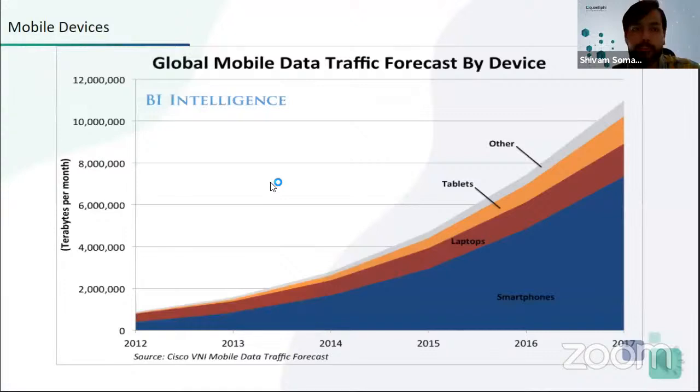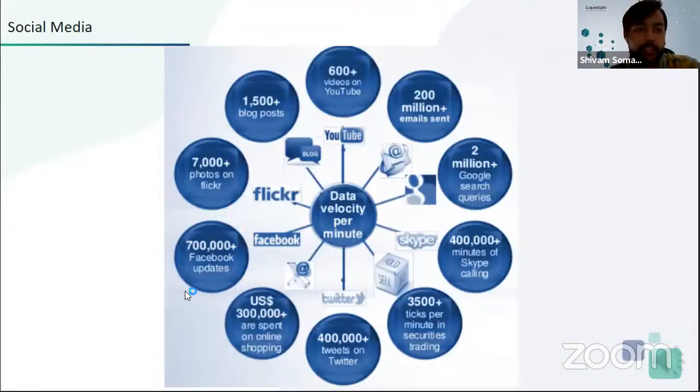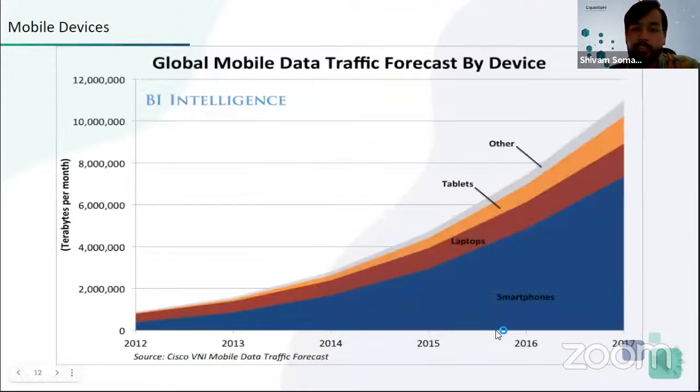Yeah. Coming on to mobile devices. As you can see, it's basically a study from the Cisco VNI Mobile Data Traffic Forecast. What they did is they forecasted from 2012 to 2017 how much data is growing with the use of mobile and what the traffic of data is.